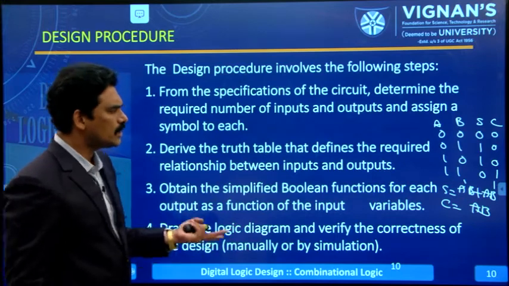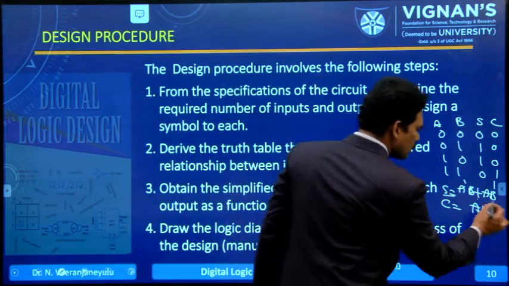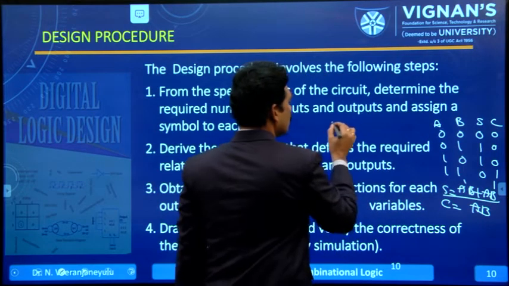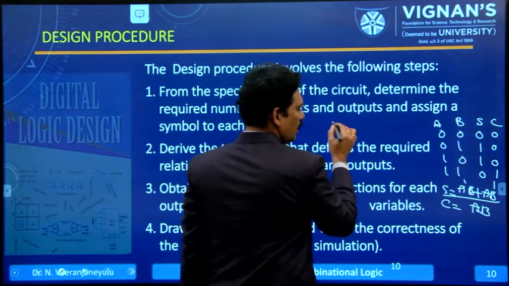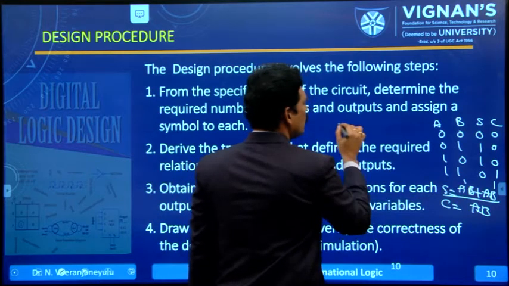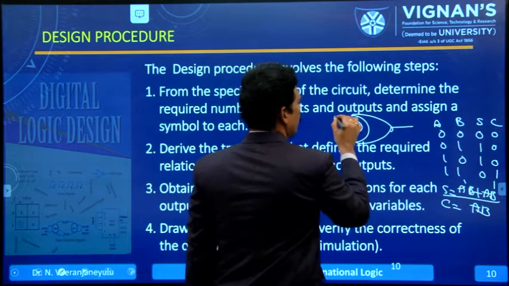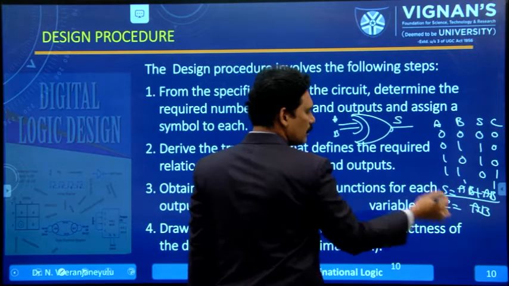We have to draw the logic diagram. S is equal to A bar B plus A B bar, so how do we draw that? We can use an XOR gate here. The inputs are A and B, and the output is the sum. And what about C?